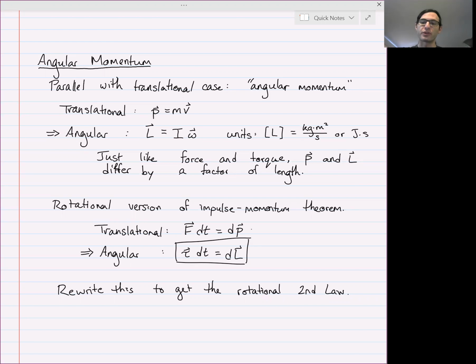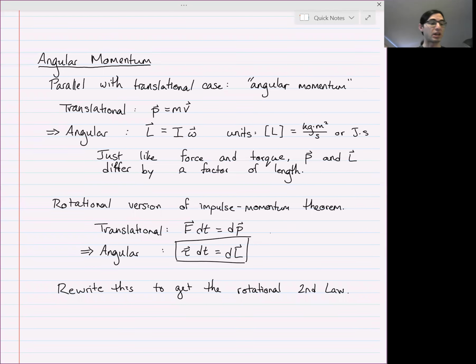We could divide both sides by dt, and we would get that F equals dp/dt, which is a statement of Newton's second law, especially once you substitute in that p is mv. Because if the mass is constant, you can pull the m out of the derivative, and then you get the force is equal to the mass times the time derivative of velocity, which is acceleration.